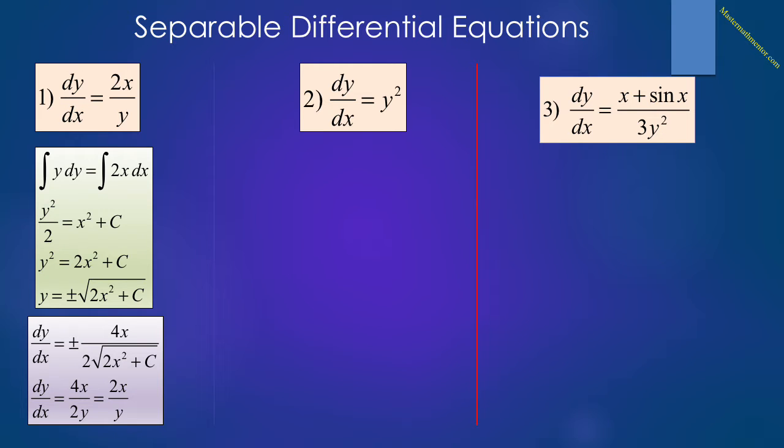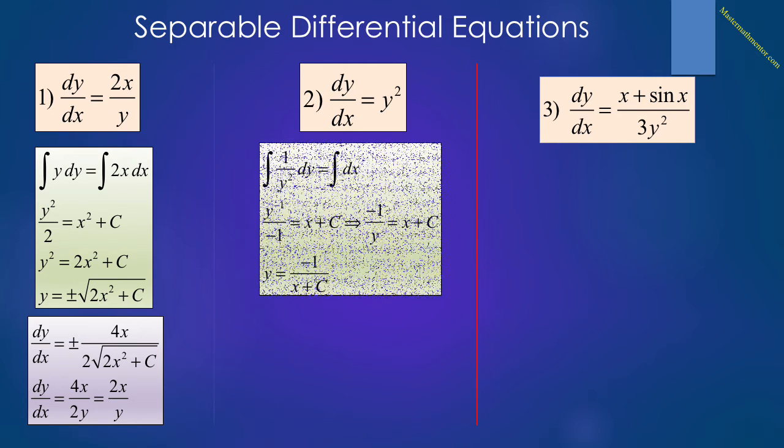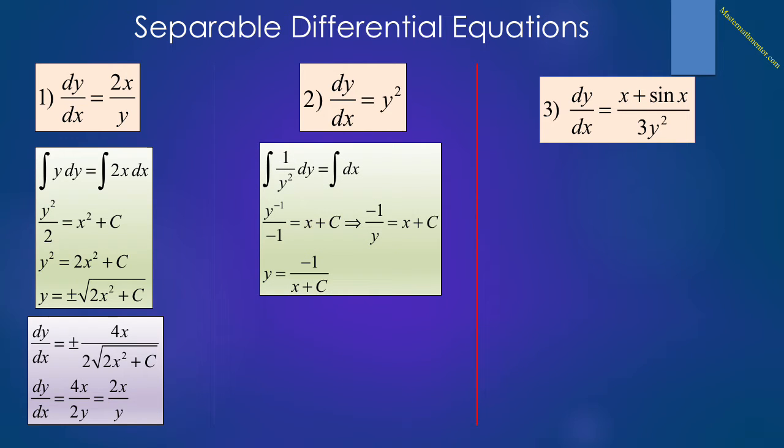If y is equal to negative square root of 2x squared plus c, dy dx is equal to negative 1 over 2 times the negative square root of 2x squared plus c times 4x. In either case, the negatives cancel, and we have dy dx is equal to 4x over 2y, which is equal to 2x over y.